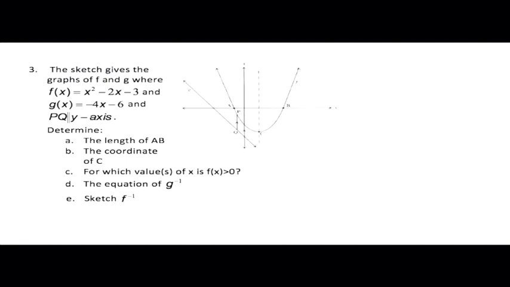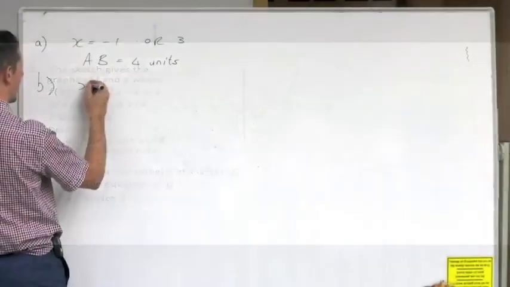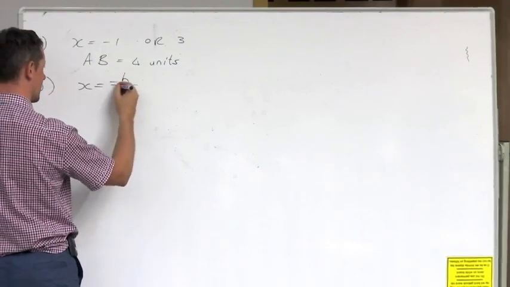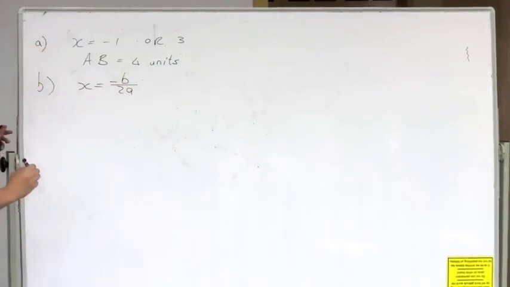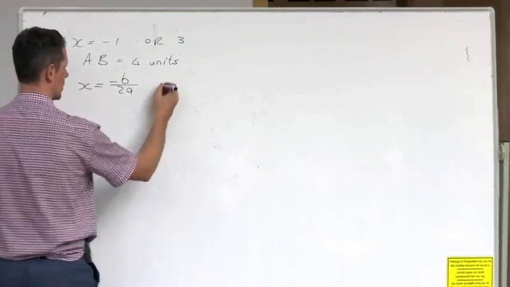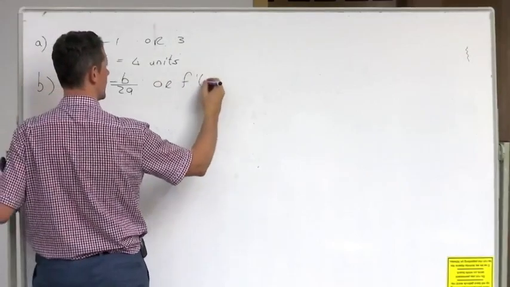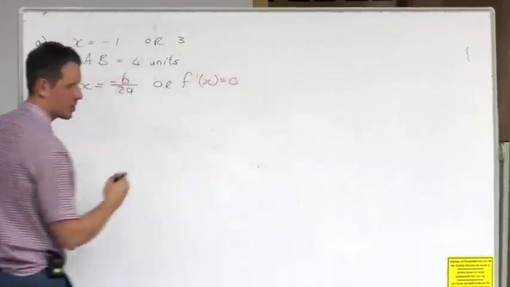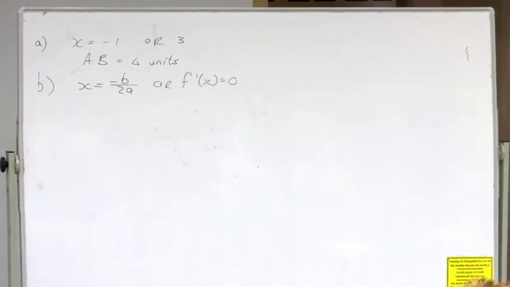We did it earlier: x equal to -b over 2a. So I can either go x equal to -b over 2a, or first derivative equal to 0, or there's a third one.